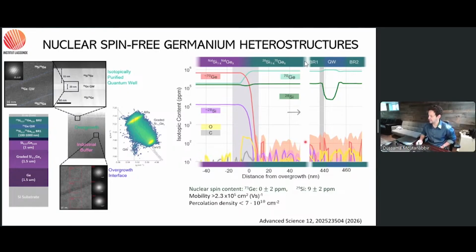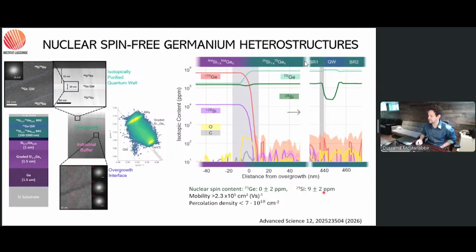The good news is that there are no other impurities, so carbon and oxygen are below the detection limit. By looking carefully at the entire maps for the different materials, we basically have 0 ppm germanium-73 and a little bit of silicon-29. This is the entire heterostructure.